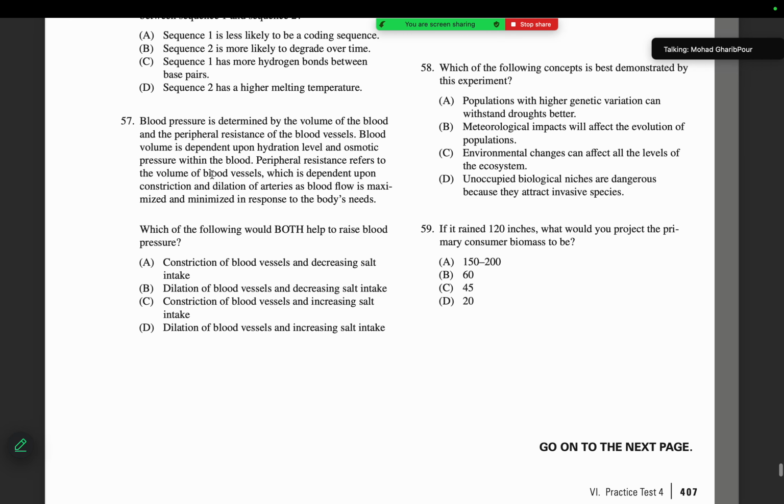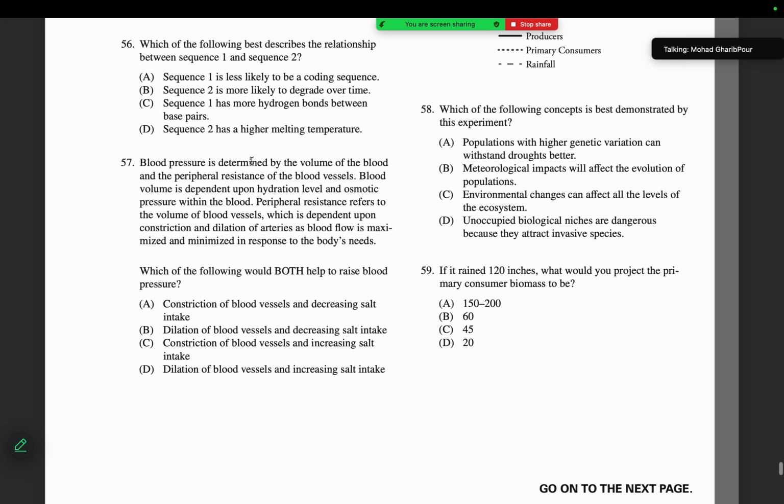57. Blood pressure is determined by the volume of the blood and the peripheral resistance of the blood vessels. This sounds like stuff you don't need to know, but let's see. Blood volume is dependent upon hydration level and osmotic pressure within the blood.